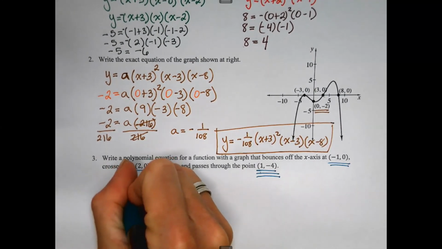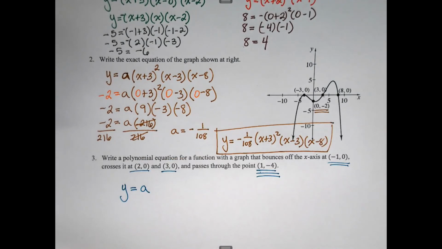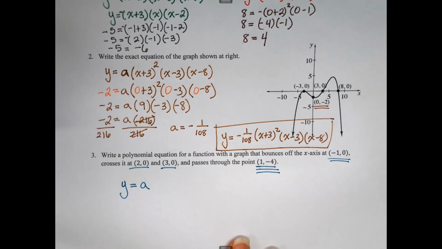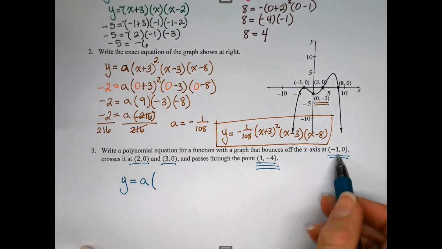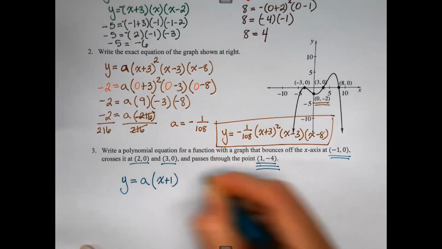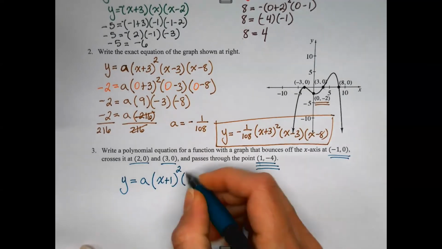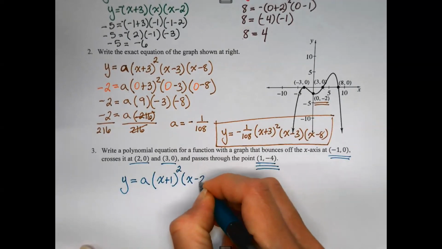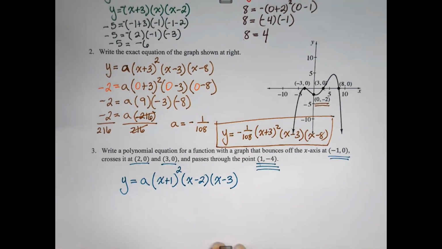I'm going to start writing my equation. y is equal to a. We're going to have to find out the stretch factor. It could be 1, but we always want to make sure we check for that. And then our factors. This first linear factor is going to be x plus 1, and since it bounces, we square it, multiplied by x minus 2 times x minus 3.